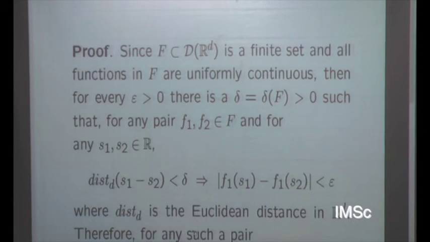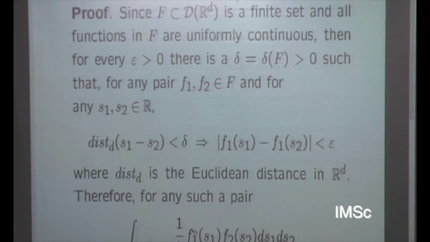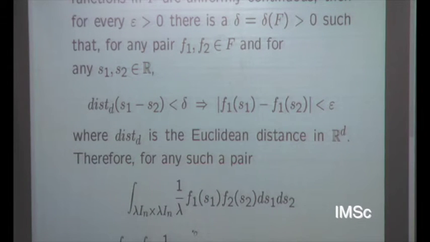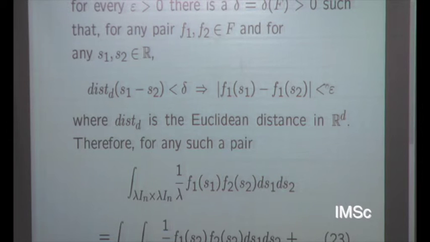So, how to prove this? Just as I said, we only use the uniform continuity of the functions that we are considering, f1, f2. Because they are uniformly continuous, whenever I have two points s1, s2 in the support, and they are not very far, then this can be less than epsilon. So I give epsilon, and then I fix delta so that this implication is satisfied.